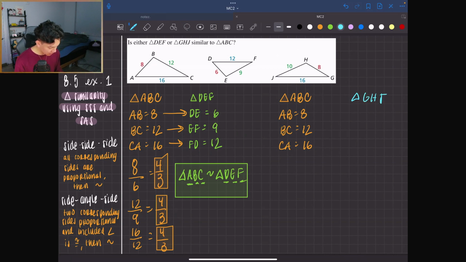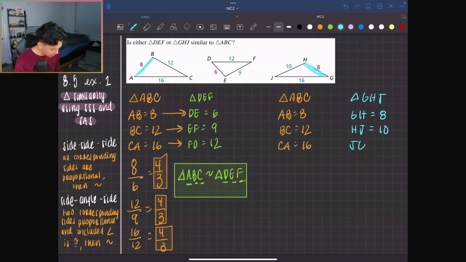Let's talk about all of these lengths. AB corresponds to GH. The length of GH is 8. BC corresponds to HJ. The length of HJ is 10. And CA corresponds to JG, which is 16.